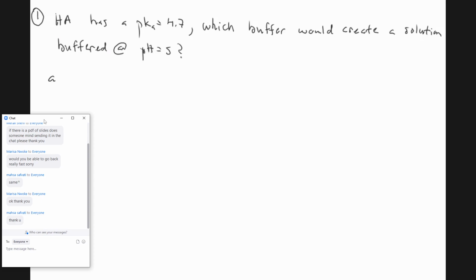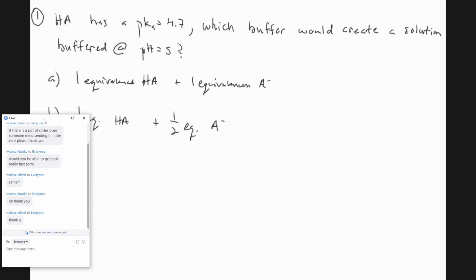Answer choices are as follows. A: 1 equivalence of acid to 1 equivalence of conjugate base. You can think of it as 1 mole versus 1 mole. B: 1 equivalence of acid to a half equivalence of conjugate base.